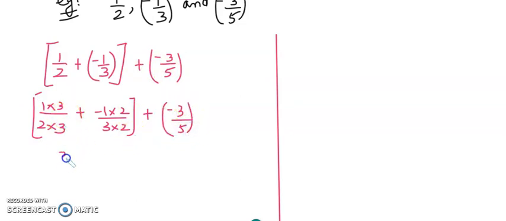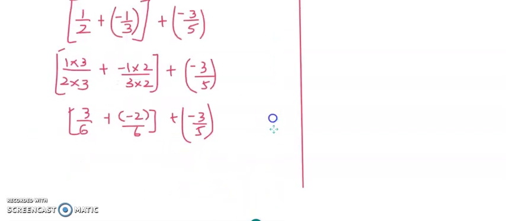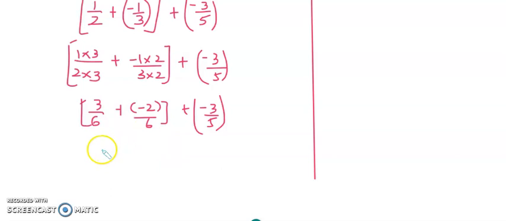So what will happen inside? 3 by 6 plus of minus 2 by 6, plus minus 3 by 5, right? So now what will happen? It will be 3 minus 2 over 6 plus, still I am going to keep the bracket, plus into minus as minus 3.